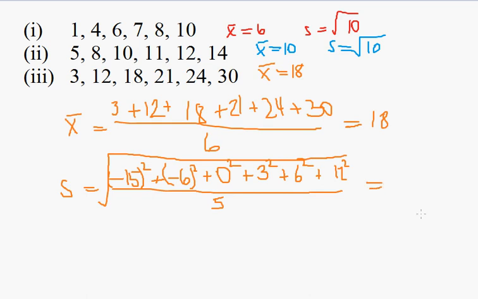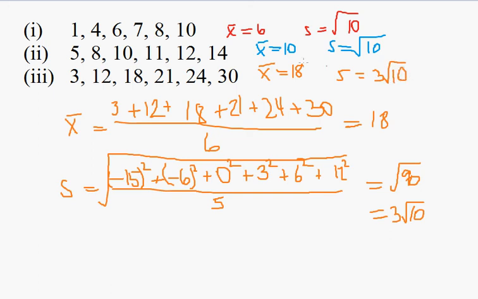So we get 225 plus 36 plus 0 plus 9 plus 36 plus 144 divided by 5 works out to be the square root of 90. And I can pull 9 out of the square root, and that's equal to 3 square root of 10. So S is equal to 3 times the square root of 10 for this third data set.